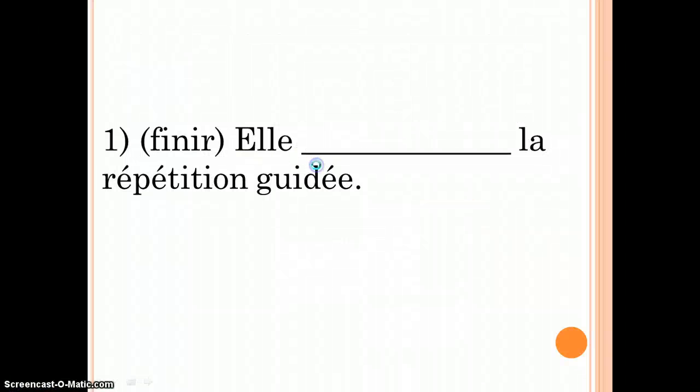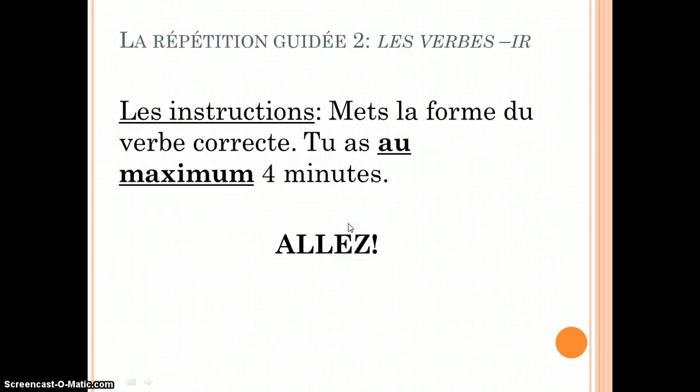Par exemple, elle, la répétition guidée. Elle is she, and because you have to take off your IR and add IT, your sentence reads like this. Elle finit la répétition guidée. You have maximum 4 minutes to complete this. Allez.